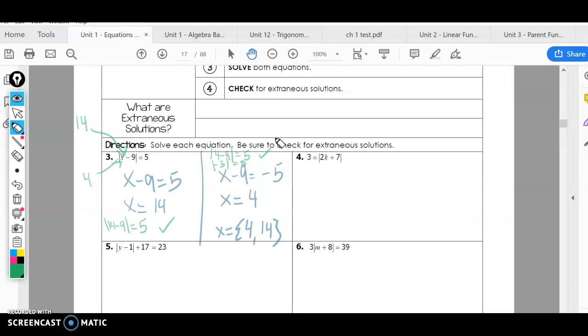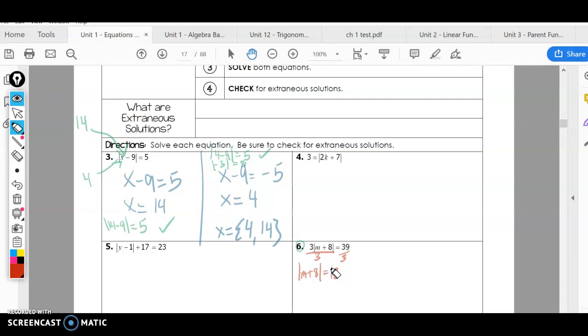Let's look at number 6. In number 6, we need to isolate the absolute value expression first. We have to get rid of the 3 in front. In order to get rid of the 3, we're going to divide both sides by 3. Now we're left with the absolute value of m plus 8 equaling 13.